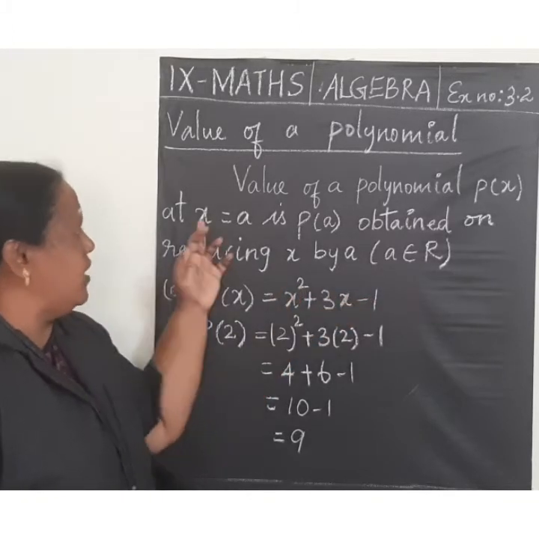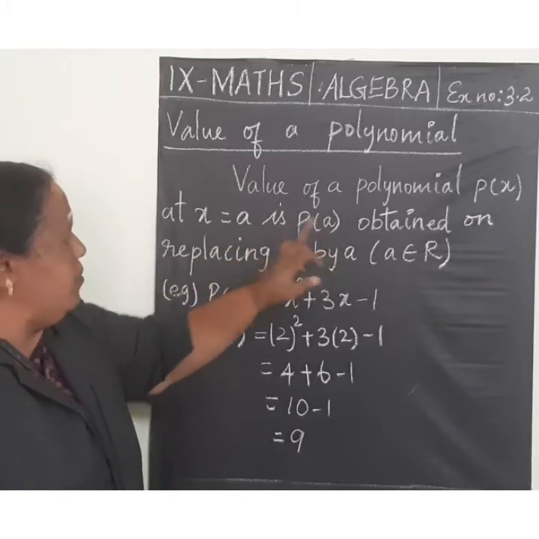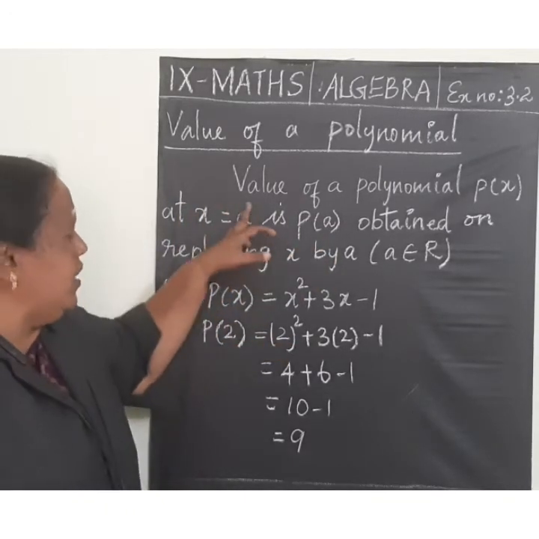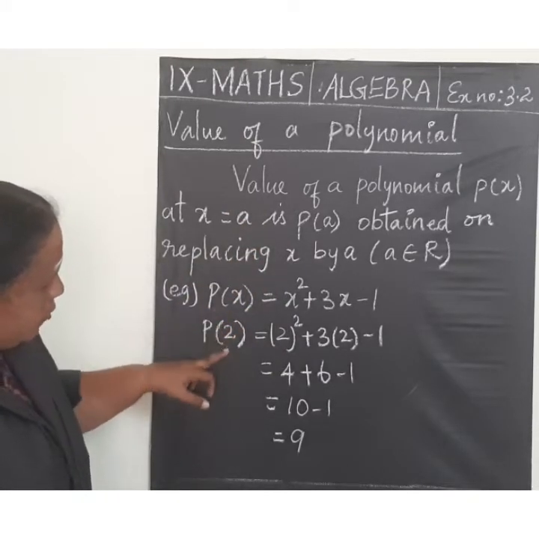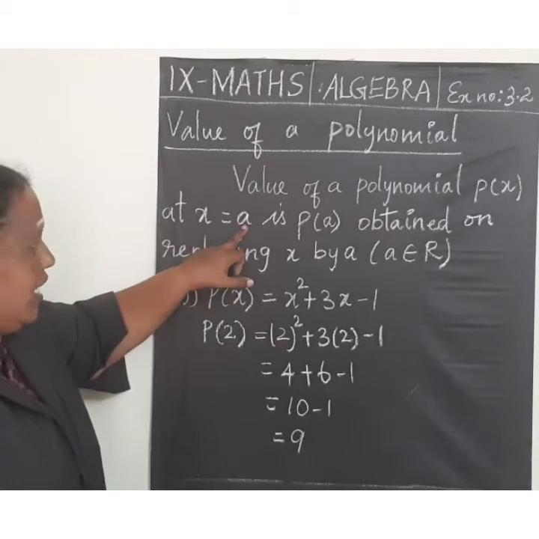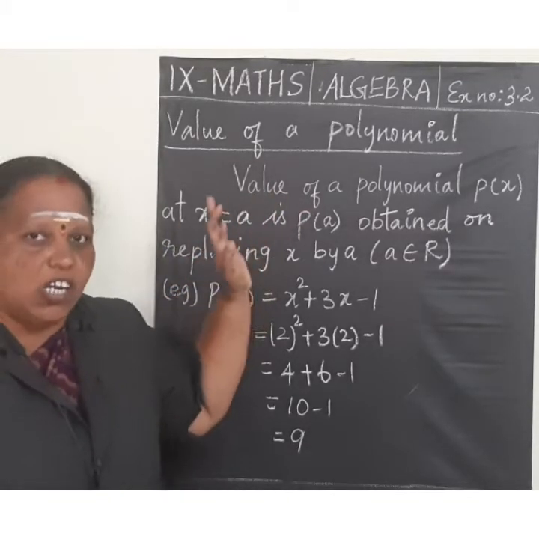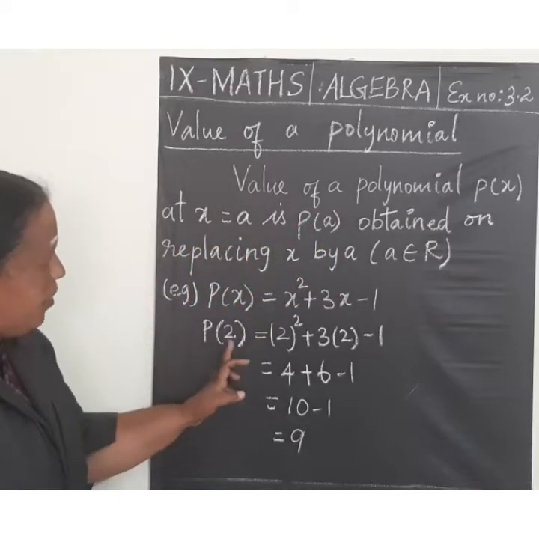In the p of x, at x equal to a is p of a, which means we are substituting the values. In the example we substituted the value 2. Here they have given a in the definition because we can take any number. So they have given the constant x equal to a is p of a. That only we wrote as p of 2.